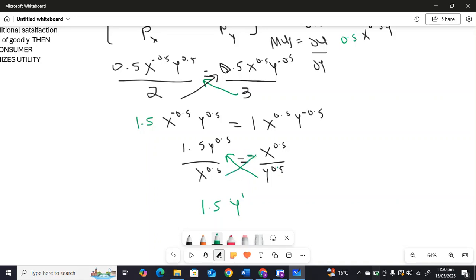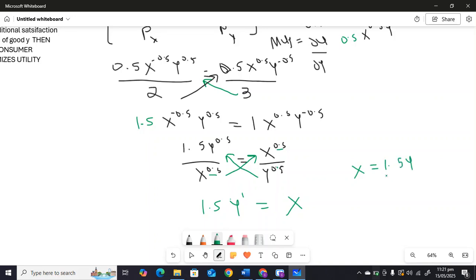Similar with x. x to the power 0.5 times x to the power 0.5. Same bases, so you add the exponents. So you add this 0.5 with this 0.5, and you get x to the power 1. Okay, so x equals 1.5y.